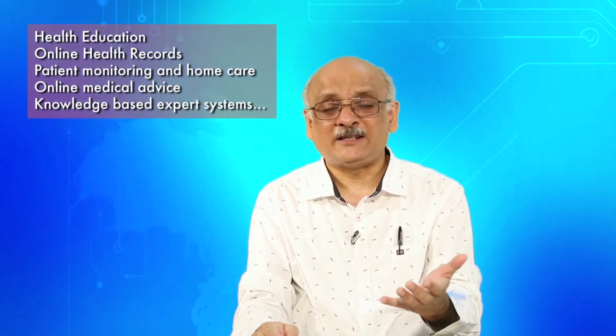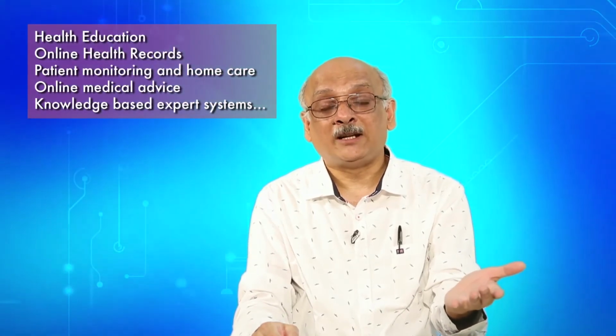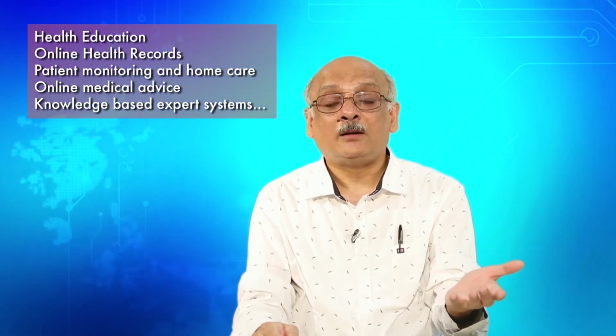Online medical advice. These days people are available online and they provide good advice on what to do and what not to do in different situations. Then there are knowledge based expert systems, which are related to efficiency, and they are available as a preliminary source of information.